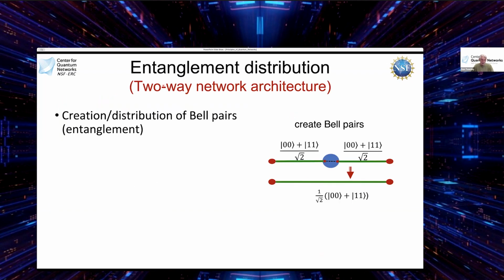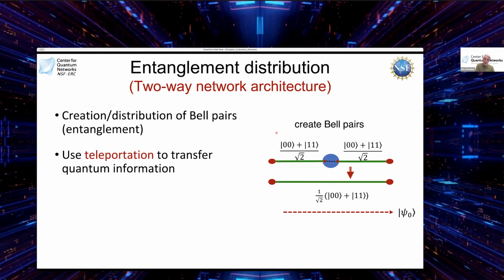Just to remind you, if we were going to do entanglement distribution, basically, we're creating and distributing Bell pairs. The network would be creating them at the link level, using the nodes to do Bell state measurements to propagate the Bell pairs to the end nodes. And it turns out that if you have a network that provides this service, but really what you want to do is transfer quantum information, that's easy.